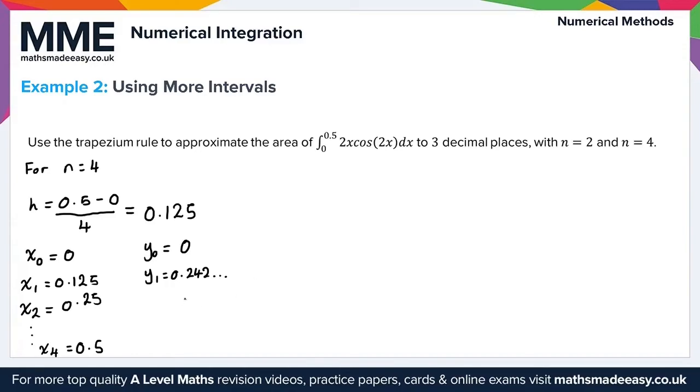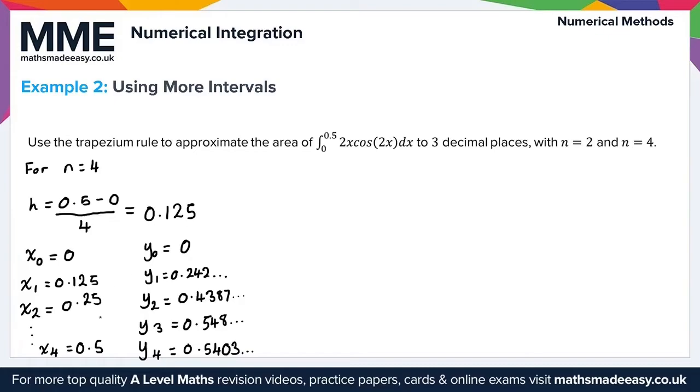So y2 is equal to 0.4387, y3 is equal to 0.548, and finally y4 is equal to 0.5403.